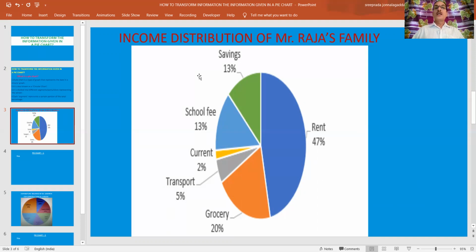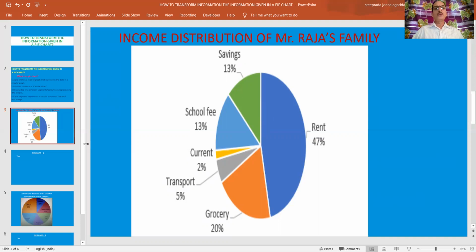And now let us try to put the information in the form of a paragraph. When you transform this information into a paragraph, you have to understand what is the highest percentage and what is the least percentage, and how are the other percentages, and what items they are allotted to.